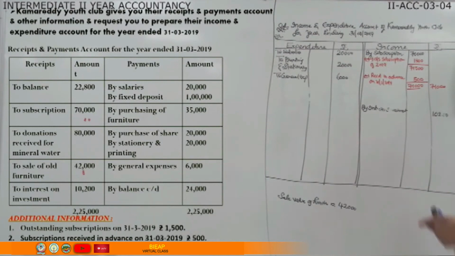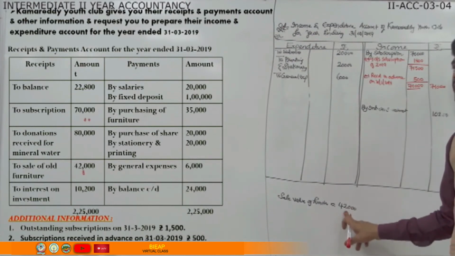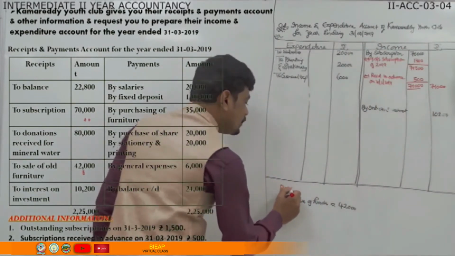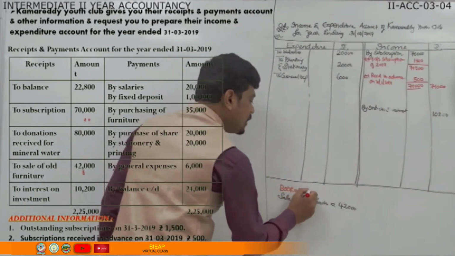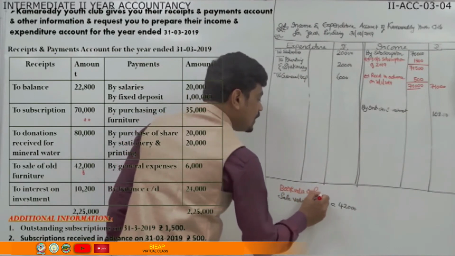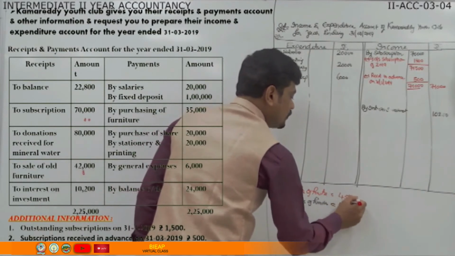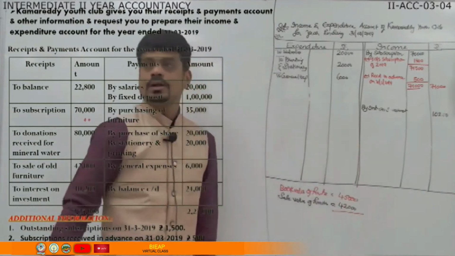Then value of old furniture sold. Value in the sense of book value. Sale value was how much? 42,000. So since the book value is more, I am writing on the top here, book value of furniture 45,000. But I sold it for 42,000.